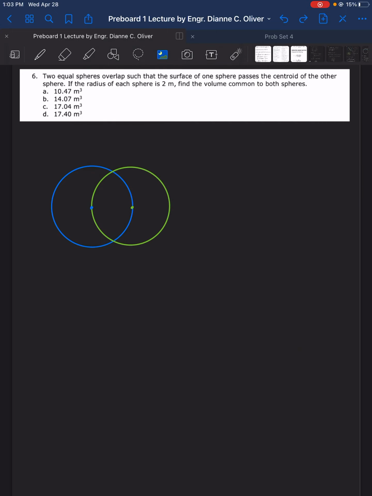Well, we can solve that by getting, they call this the zone. We call this portion here, I forgot how we call this.